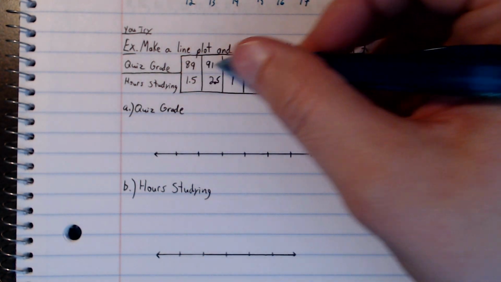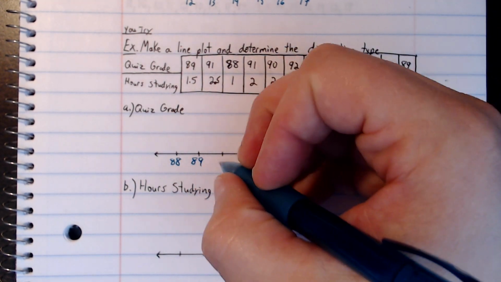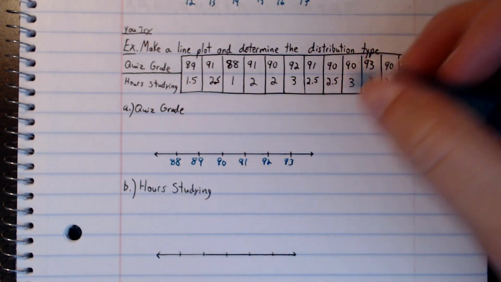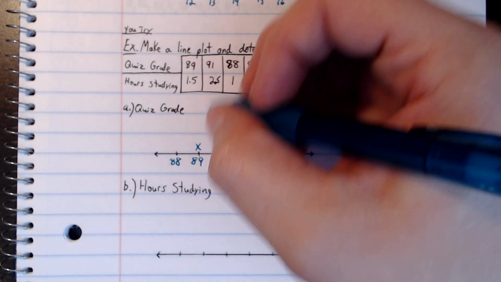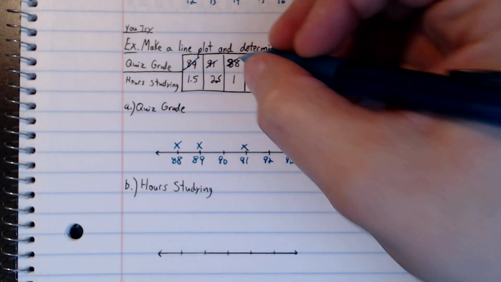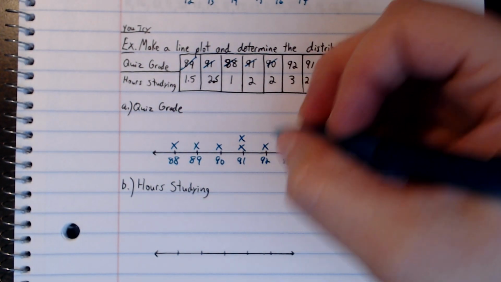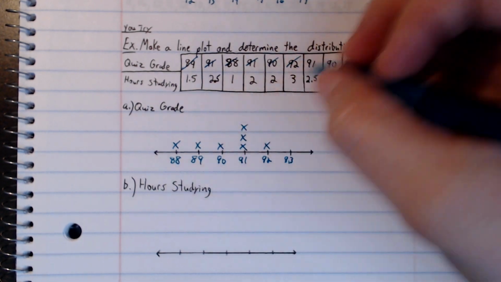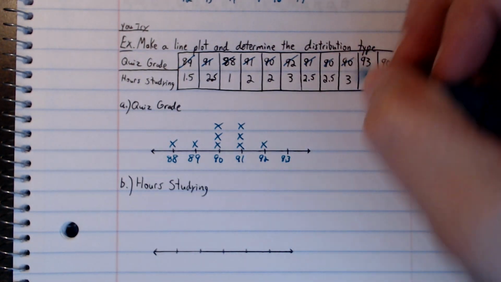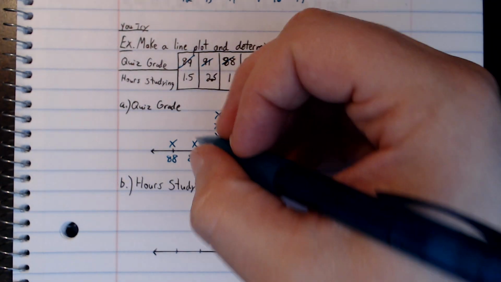Lowest number that we have in the top here looks like 88. So we got one at 89, 91, 88, 91, 90, 92, 91, 90, 90 again, 93, 90, 89.